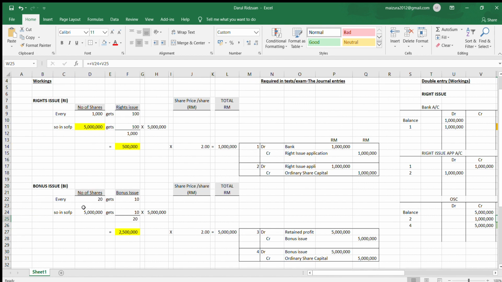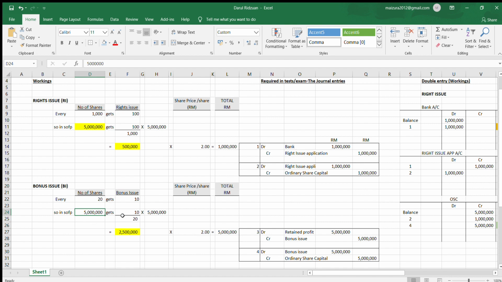Okay, now for the bonus issue, at the same time, due to a liquidity problem, the company decided to give 10 bonus shares for every 20 shares held. So for every 20 that they have, they will get 10 bonus shares. In Soft P, there are 5 million shares.